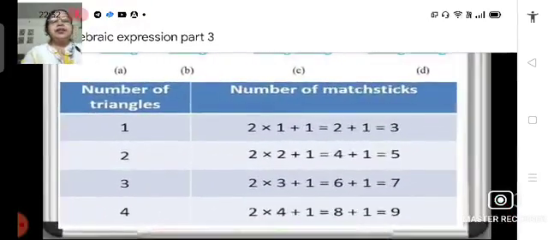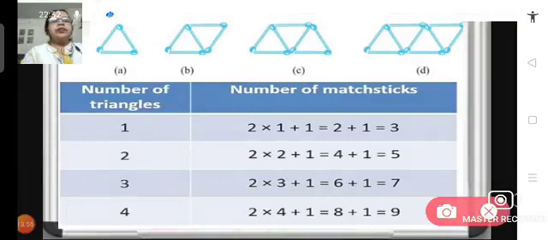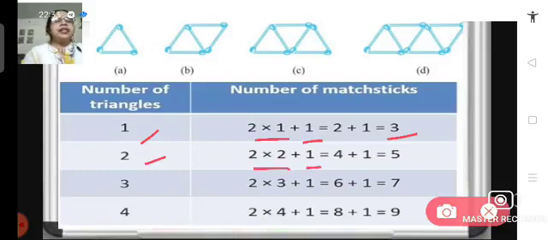That means if the number of triangles is 1, then we have 2 multiplied by 1 plus 1, that means 3. If we have 2 triangles, then it will be 2 multiplied by 2 plus 1, isn't it? That means 4 plus 1, 5.